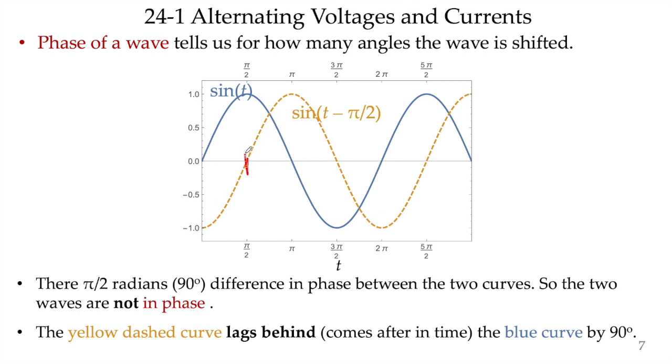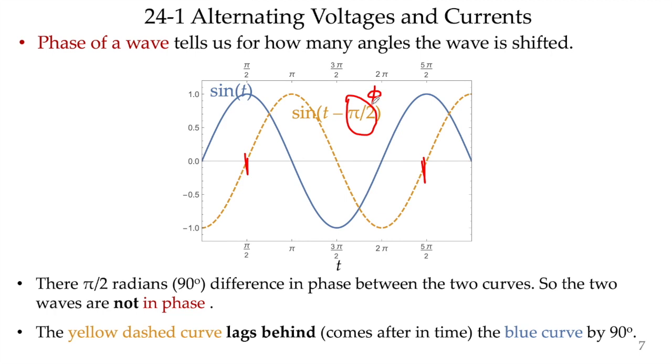It starts from here, makes one full motion here, and this is also 2 pi, right? So the frequencies are the same, amplitudes are the same. The only difference is the dashed yellow one is shifted to the right. And that shift is coming from here. This is the phase, and it's usually shown with the Greek letter phi.